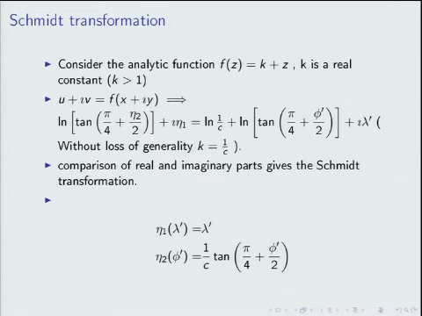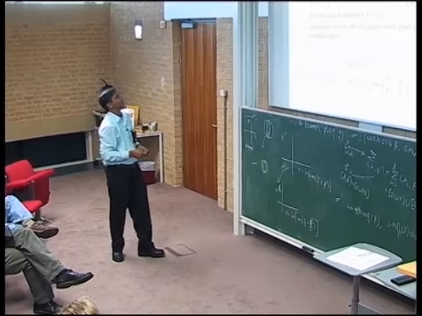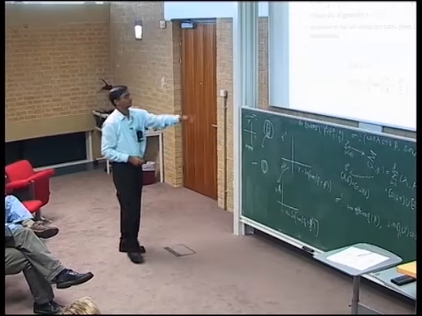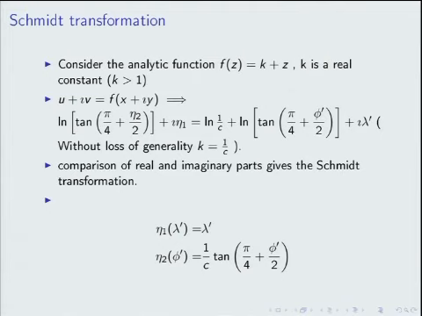I also tried to map the Schmidt transformation through one of the analytical functions as a case study. If I take the function to be simply z plus a constant, then when I apply this, what you get is essentially the Schmidt transformation in terms of lambda prime and phi prime coordinates.